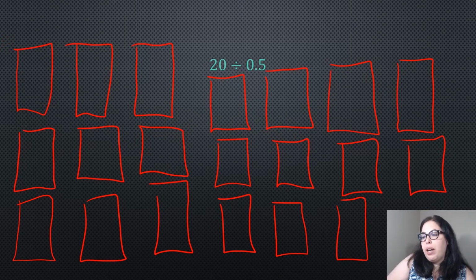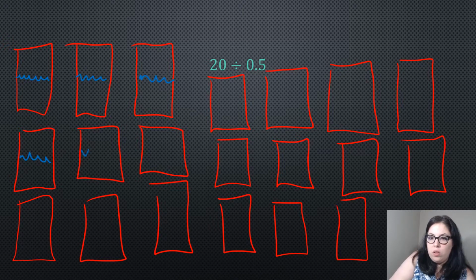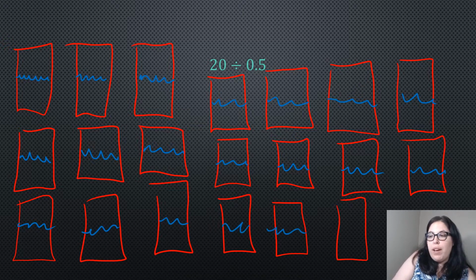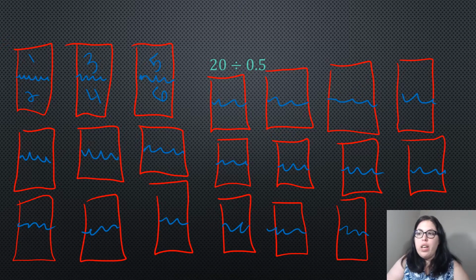So I'm going to get out my knife and I'm going to cut all of my candy bars in half. So I'm cutting all my candy bars, and now they're in half pieces. Well, if I count all these groups up, I'm going to have 40 candy bar pieces.